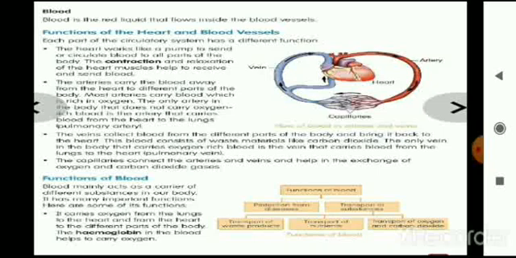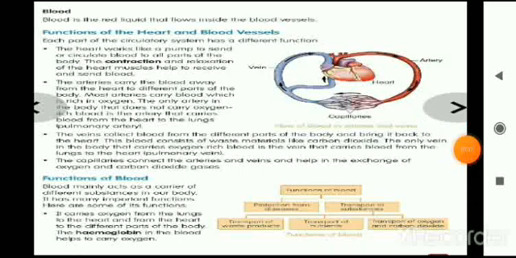But there is an exception in the artery. There is one artery which does not carry the oxygen rich blood. It carries the waste materials like carbon dioxide. The name of that artery is pulmonary artery.